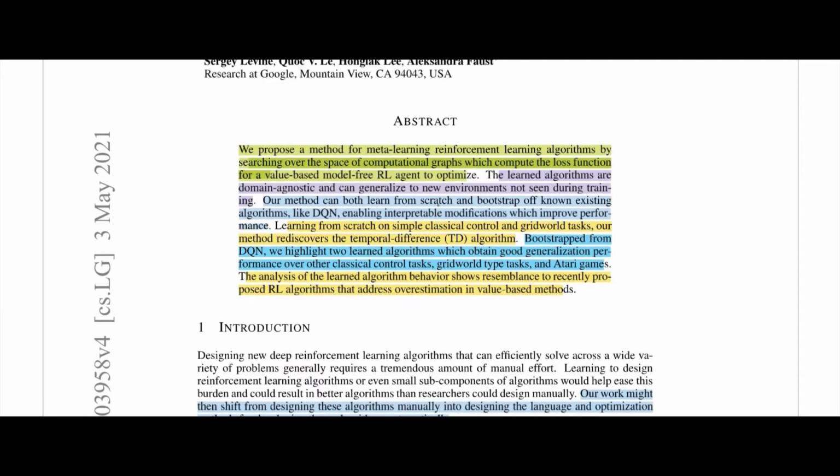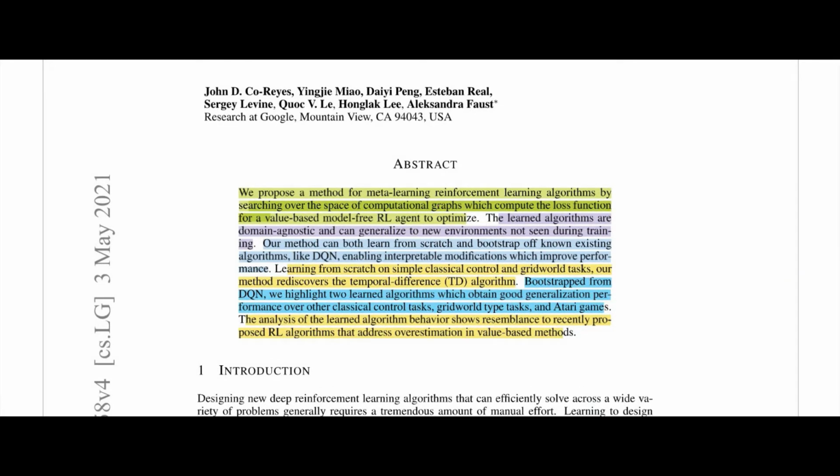Also, when you are searching over the computation graph, there are two possibilities. One, your algorithm can learn from scratch. So you can start with an entirely random computation graph, which corresponds to an entirely random algorithm, and then it can search.